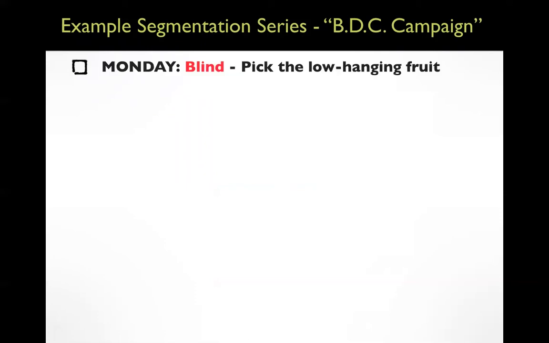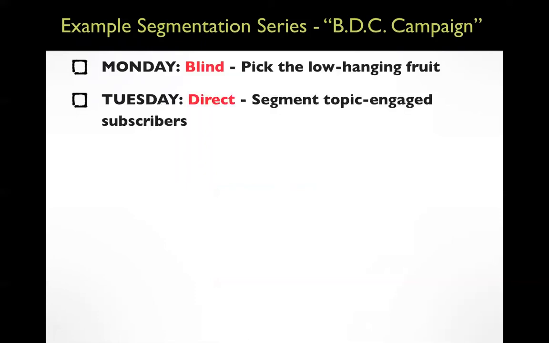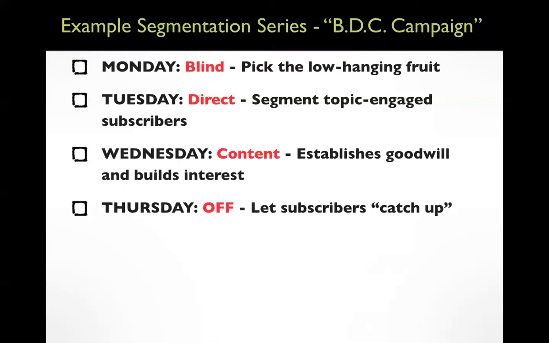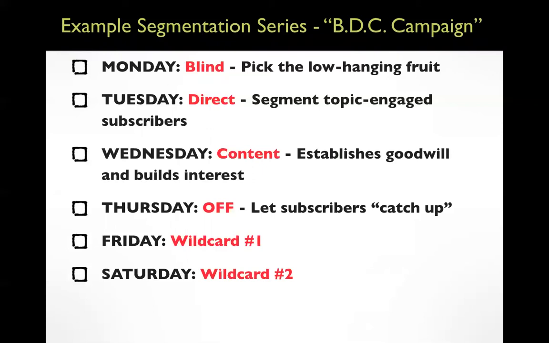So let me give you an example of a segmentation series, the BDC campaign. So Monday, we send a blind, pick the low-hanging fruit. Tuesday, direct. We're going to segment topic engaged subscribers. Wednesday, we're going to send content. It establishes goodwill and builds interest. We're going to take Thursday off, let them catch up with all the value we passed. And then Friday, we're going to send Wildcard 1 and Wildcard 2. And this is a BDC campaign.